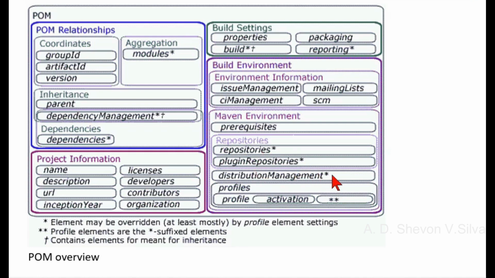Distribution management. Distribution management acts precisely as it sounds. It manages the distribution of the artifact and supporting files generated throughout the build process, starting with the last element first. Repository.